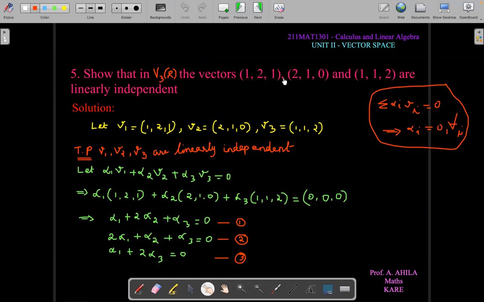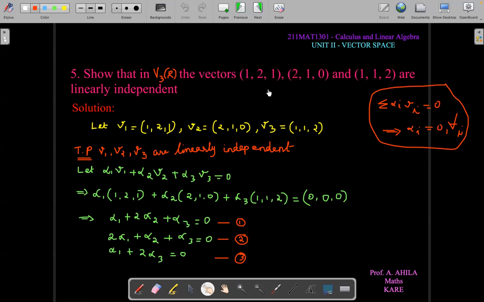So this is the shape. Now we need to prove these three vectors are linearly independent. Recall the definition for linearly independent. There we assume that the linear combination is 0 and we need to find the alpha i values. If all the alpha i's go 0, then we say the vectors are linearly independent.